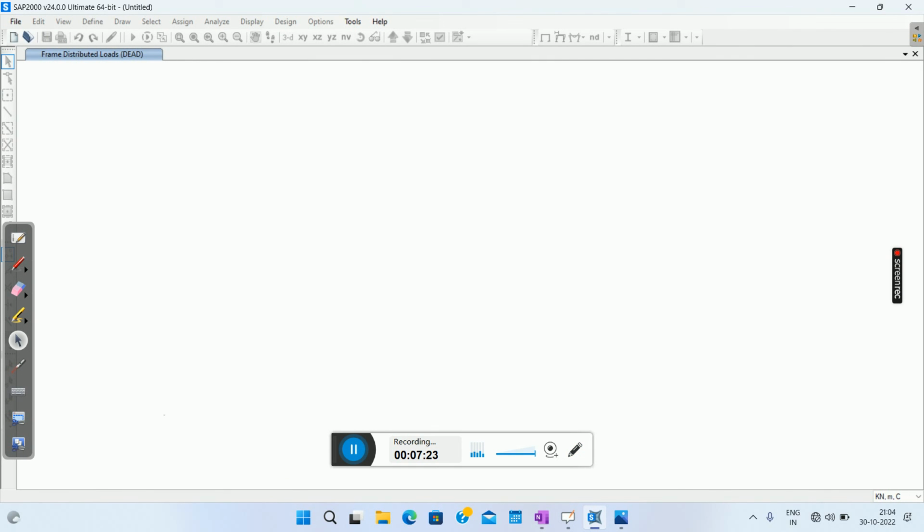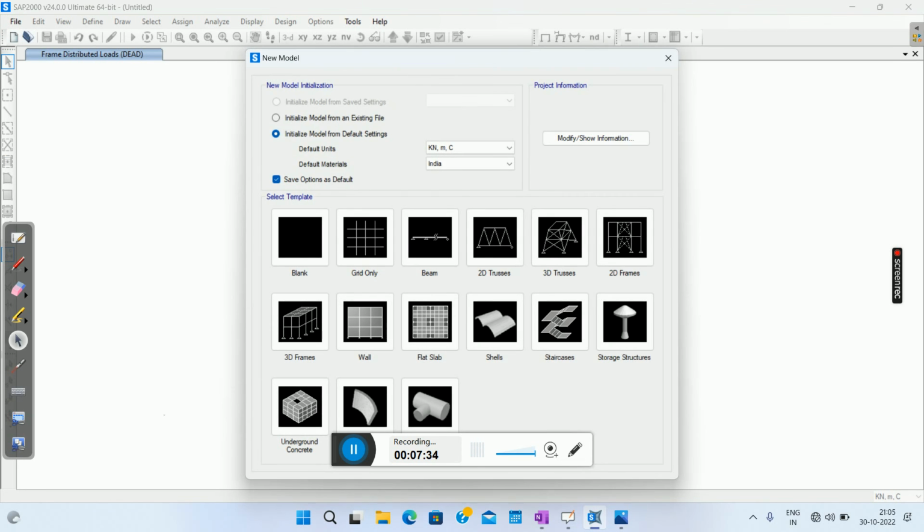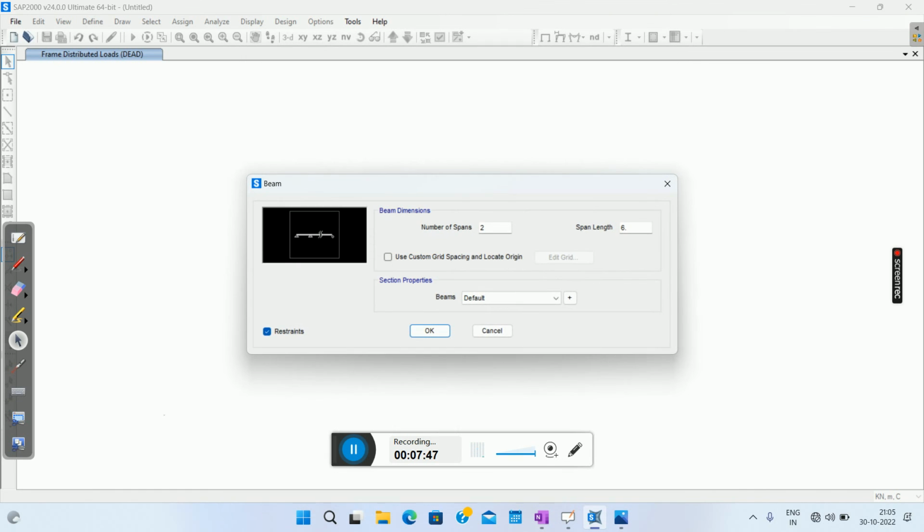First, when you open the SAP 2000 software, click on File, New Model. Default units should be load kilonewton, distance meter, and temperature centigrade. Select beams. Total number of spans is 1, span length 6 meter.